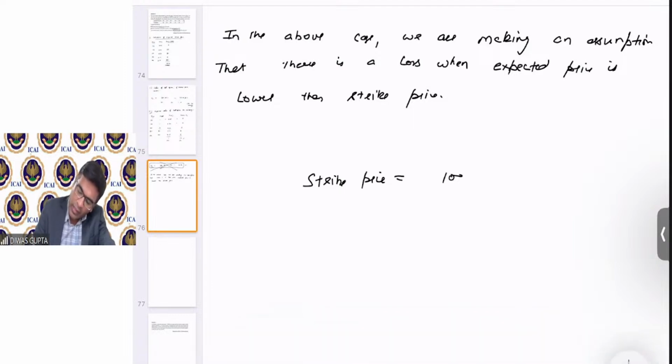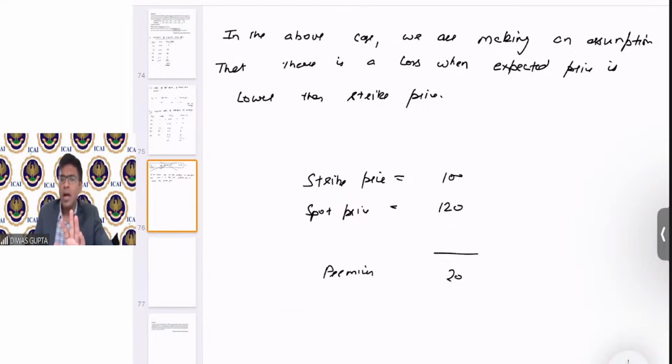Today, let's say the spot price is 120. So the broad premium will be 20, correct? As of now, with our current understanding, the broad premium will be 20, although it will be adjusted for the time value of money, because this strike price and spot price difference will happen 3 months from now.